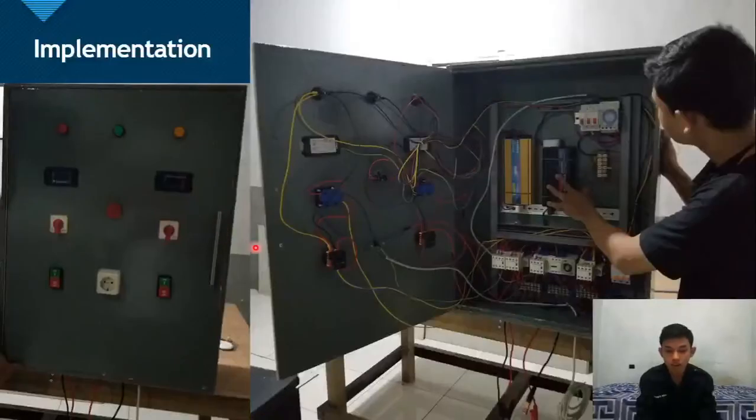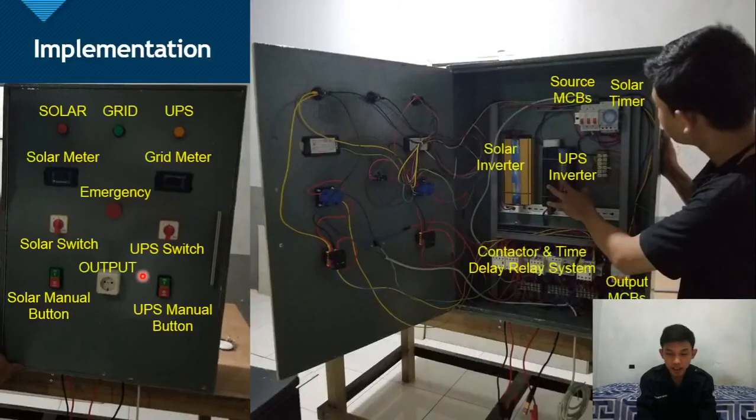Okay, this is our implementation of the ATS system. We can see outside of the panel box there are indicators of solar, grid, and UPS, and measurement equipment for solar source and grid source, and then two auto manual switches for solar and UPS, and two manual buttons for solar and UPS, emergency button, and output.